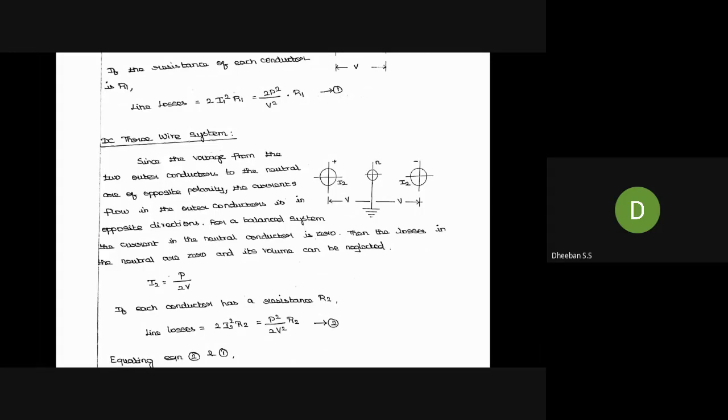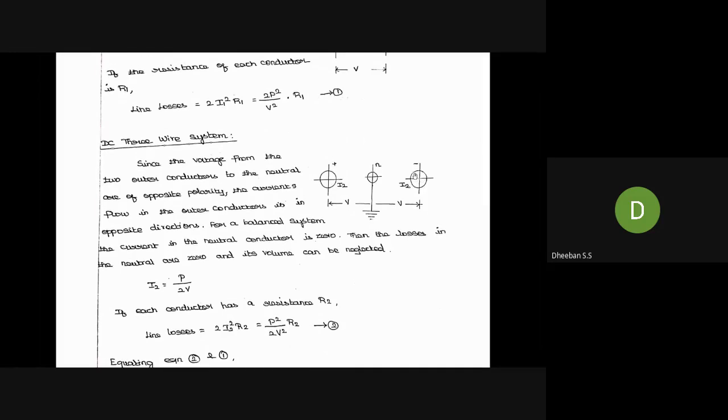Here you can clearly see that we will be making use of another conductor, which is of negative polarity. So the current flowing through these conductors will be in reverse direction. The currents flowing in the outer conductors are in opposite directions. From the neutral, the current gets diverted towards your positive as well as your negative conductor. That's the main principle.